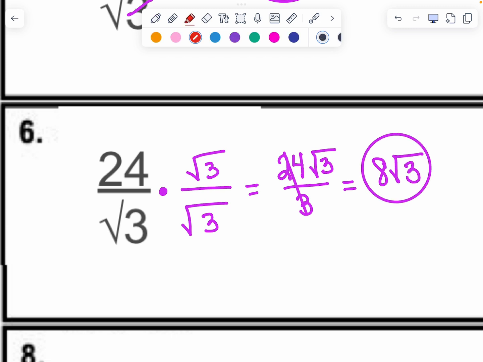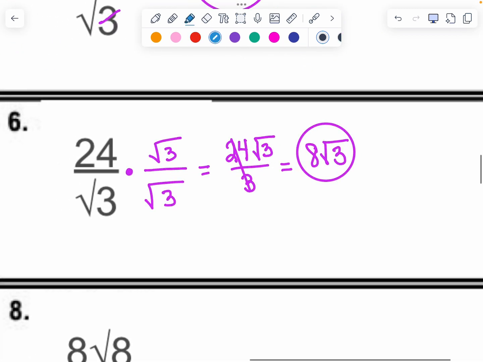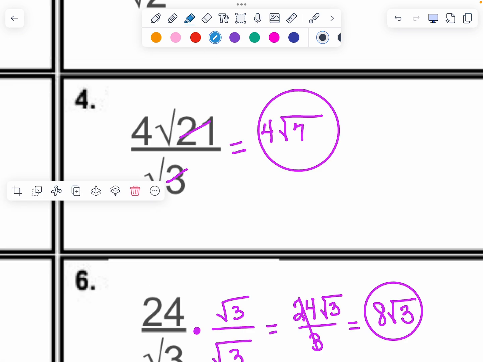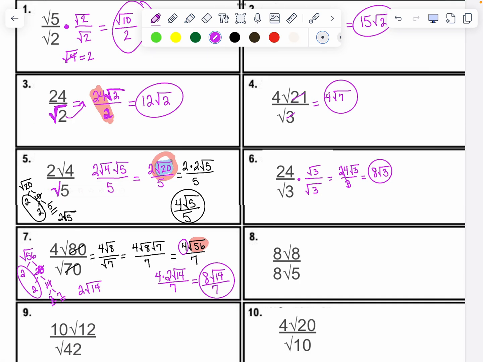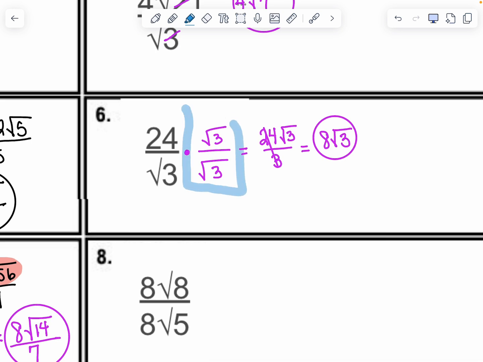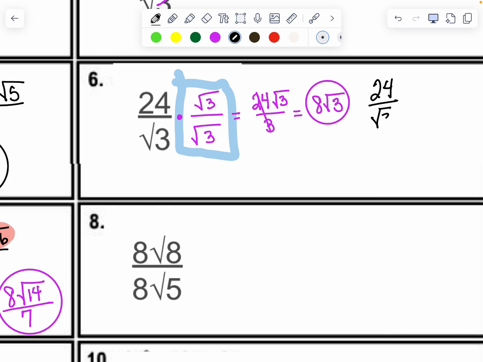So when I'm telling you to pull the caret, I'm skipping writing down this middle step. I'm just skipping writing down this middle step when I'm telling you to pull the caret. All I'm saying is to do a shortcut, 24 over the square root of 3.